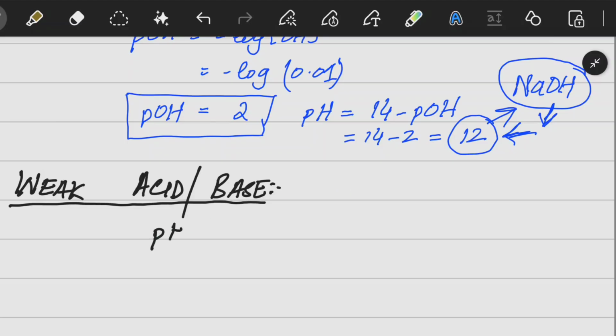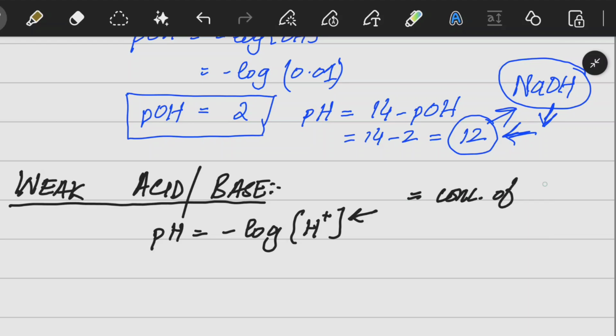So in this case, the formula will be pH equals minus log of hydrogen ion concentration, but this hydrogen ion concentration is not directly equal to the concentration of the solution.